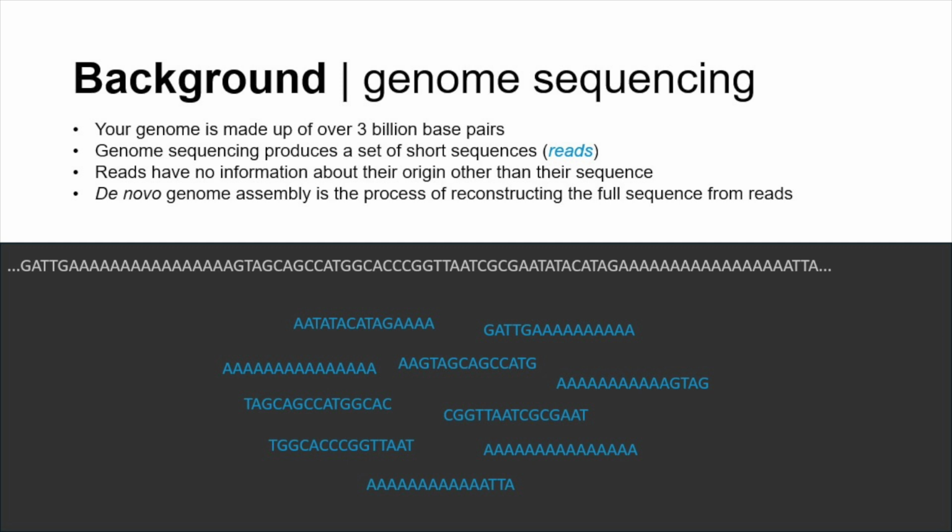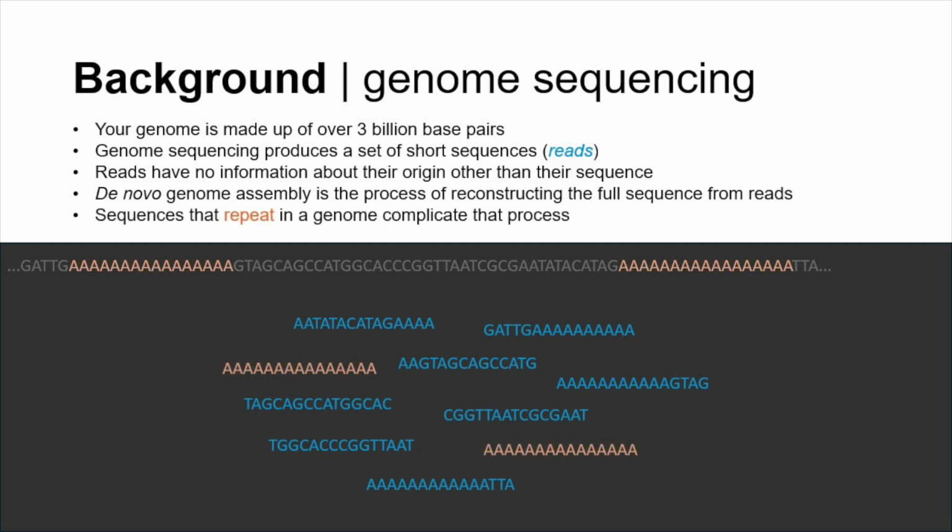So in the absence of some reference genome, the process of de novo genome assembly is trying to put all these sequences back into the right order to infer the order again. So you can think of it as like a giant puzzle. And part of why that is difficult is that genomes tend to be full of repeat sequences, repetitive elements, which make knowing which way they go back together much more difficult.